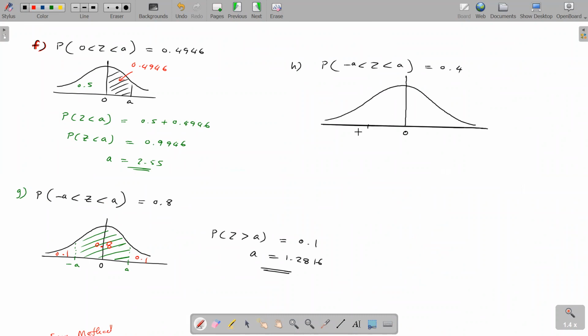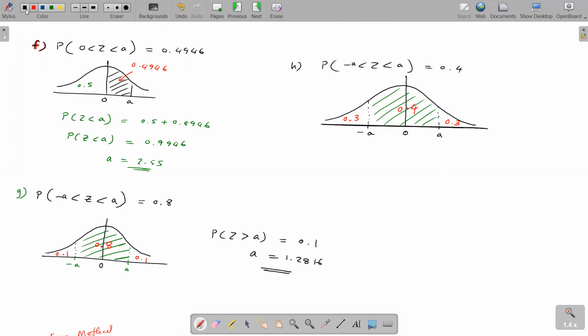Here you have minus A, here you have plus A, and the area in between is 0.4. So you know what you should do here, right? Let's subtract the area 0.4 from 1. 1 minus 0.4 is 0.6, and that 0.6 is the two tail areas. Let's divide by 2. 0.6 divided by 2 is 0.3 on either side.